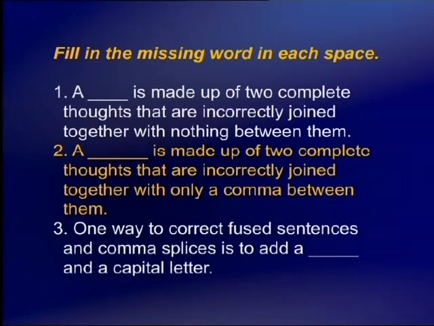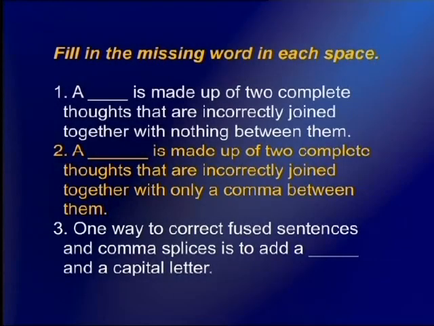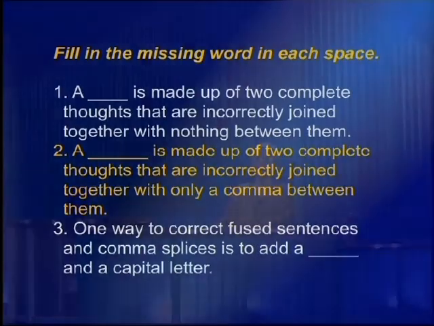And the third one: one way to correct fused sentences and comma splices is to add blank and a capital letter. There is a hint for you. Capital letter. Where and when do you use a capital letter?